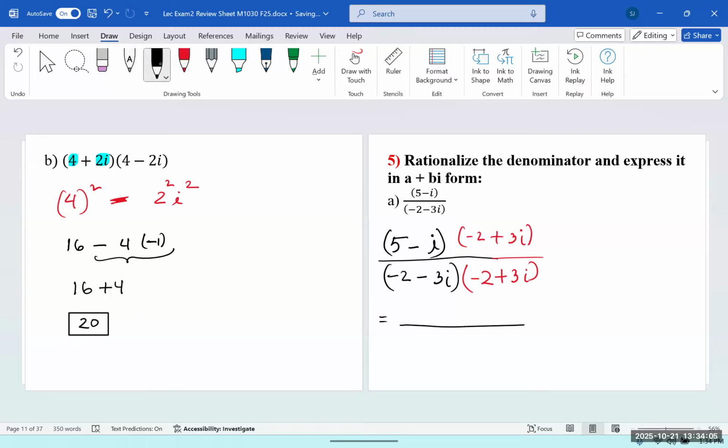And we know the denominator makes our life easier. It's negative 2 square minus 3 square i square. From negative 2 square, what do you get? Positive 4 or negative 4? Positive 4.